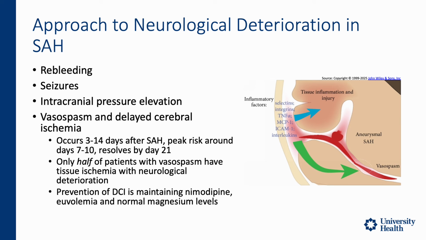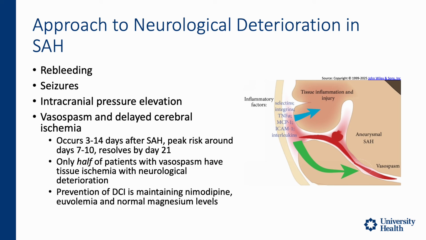So say you have a patient that presents with acute neurological deterioration, and they have subarachnoid hemorrhage, which should be on your differential diagnosis. So the concern is that maybe they might be rebleeding and the subarachnoid hemorrhage is getting bigger. So in these patients, you want to make sure you get a stat CT head. Rebleeding is a concern, especially if the patient has a higher grade of subarachnoid hemorrhage on your Hunt and Hess or your modified Fisher score, if they have a large aneurysm, if they have a history of hypertension, antiplatelet therapy, or some other type of coagulopathy.